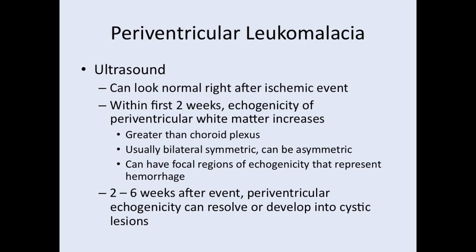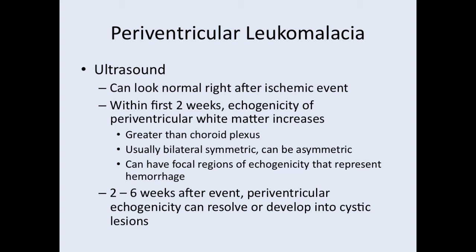So what will it look like on ultrasound? Well, it may be normal right after the event happens, but after a period of time, maybe within the first couple of weeks, what we may see is that the echogenicity of that white matter will increase. Remember we said on previous videos that the choroid plexus is normally the most echogenic structure in the brain.